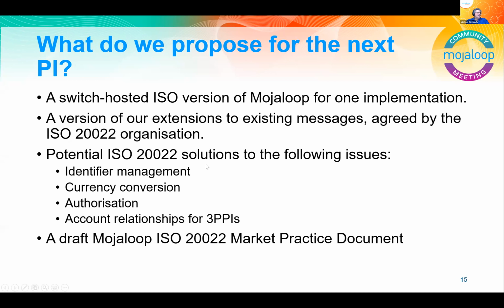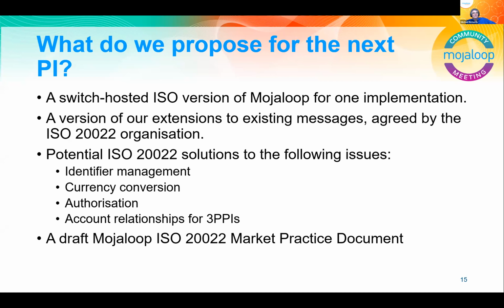And we then need to go on and sort out potential ISO 20022 solutions to the following issues, the ones that we've talked about already. Those solutions will be partly in terms of messages and partly in terms of the data model.